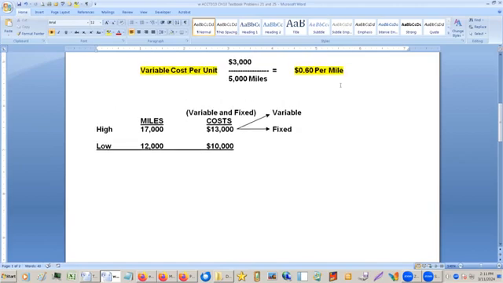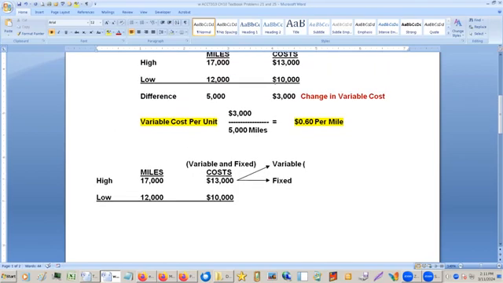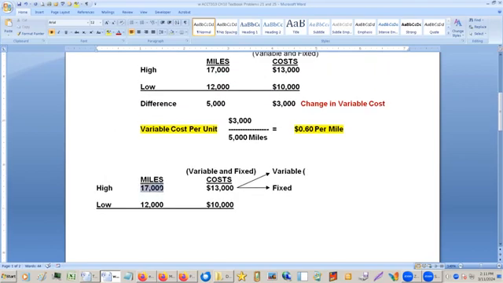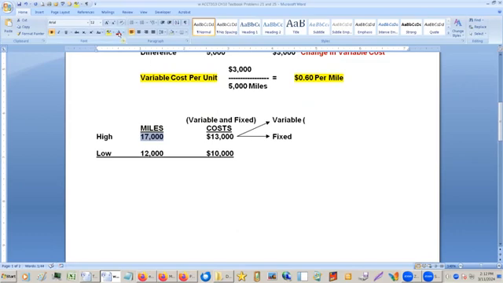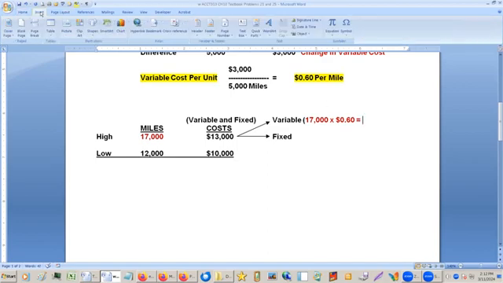Okay, so let's do the variable. So variable is, for the high, it's 17,000 times 0.6 equals, need another arrow, hold on.